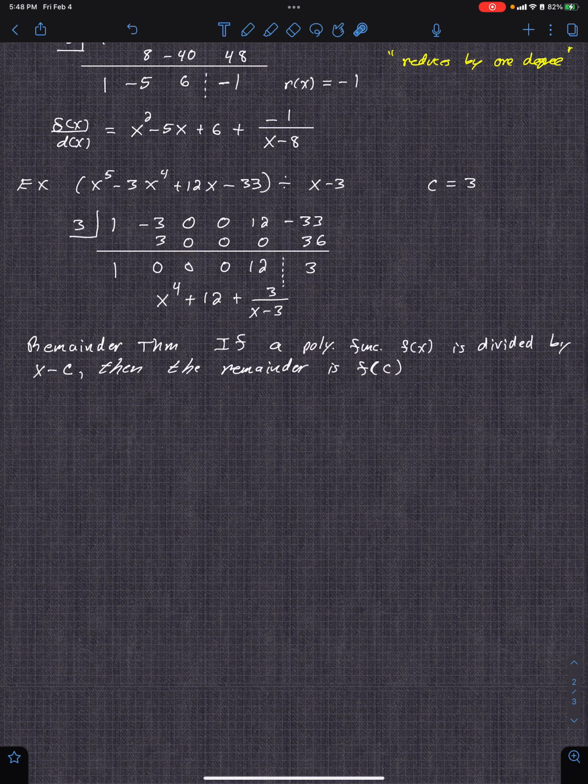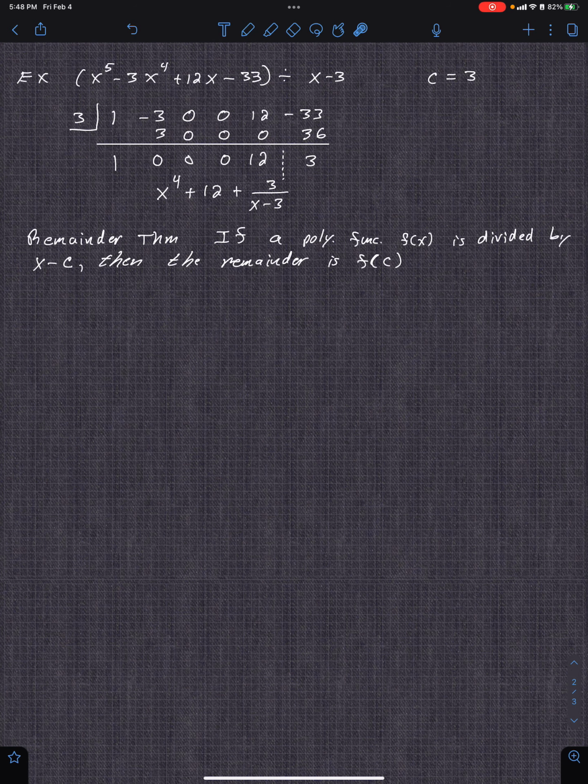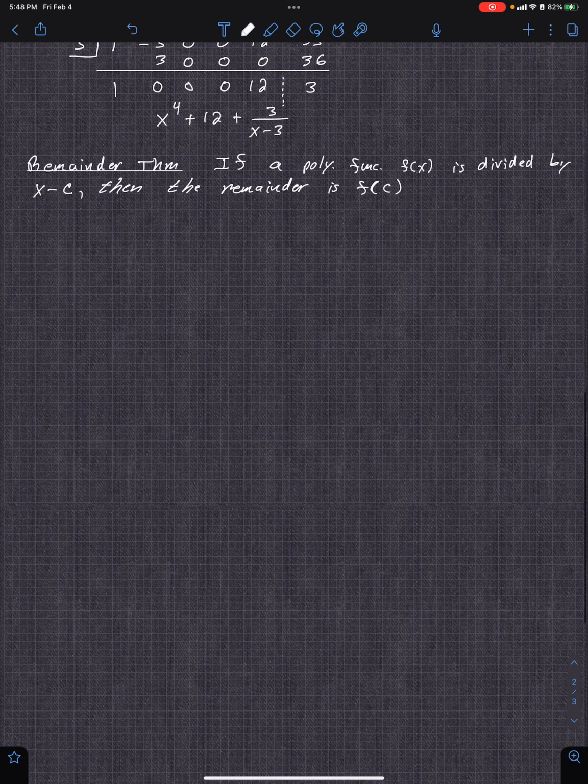Now, what that tells us is that we can use the factor theorem. We use the factor theorem to find roots of polynomials. So this is really what we're after, the remainder theorem combined with the factor theorem. We're really after zeros, the roots of those polynomials.